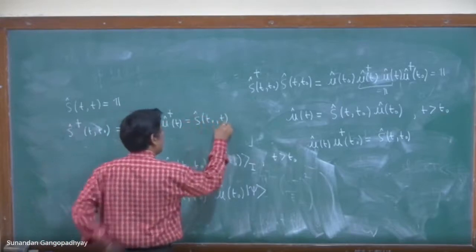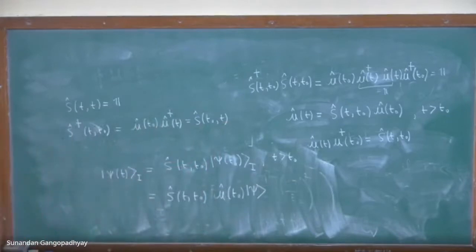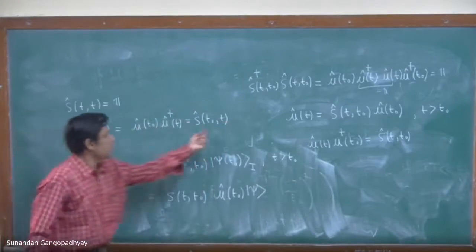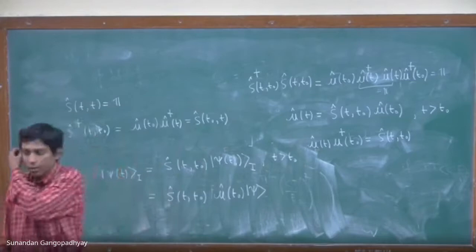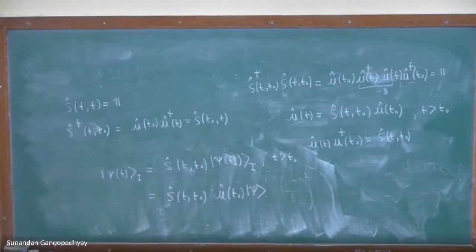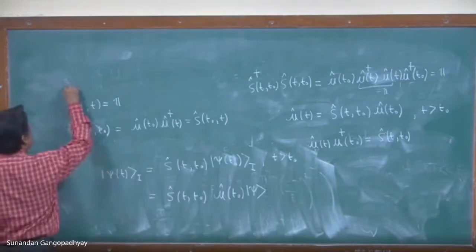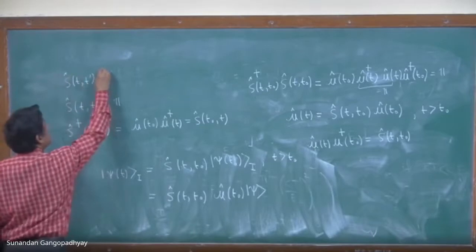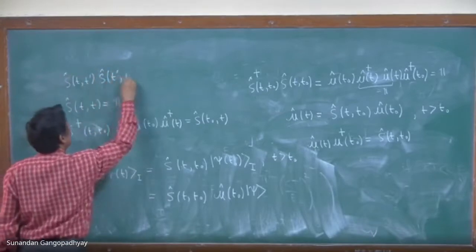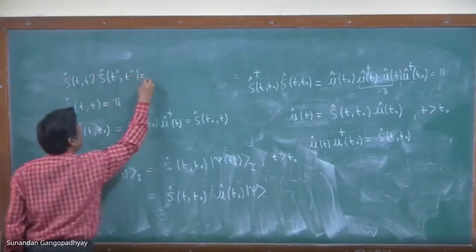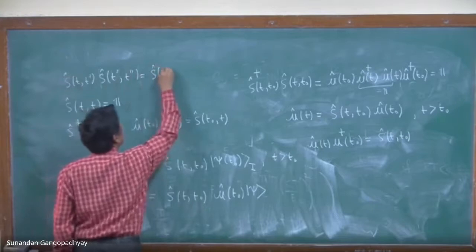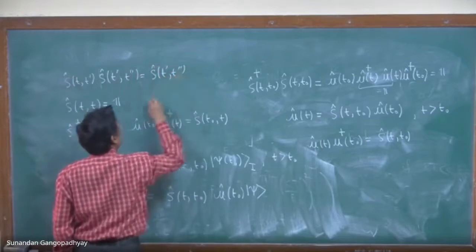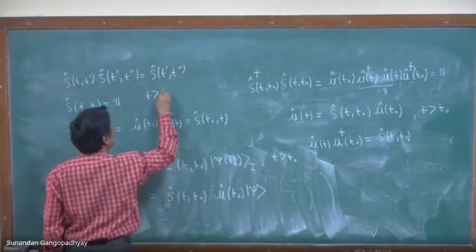So the dagger just swaps the arguments. This is another interesting property. Then you can write down the third property, which is S hat t comma t prime S hat t prime comma t double prime equal to S hat t comma t double prime, where t is greater than t prime greater than t double prime.